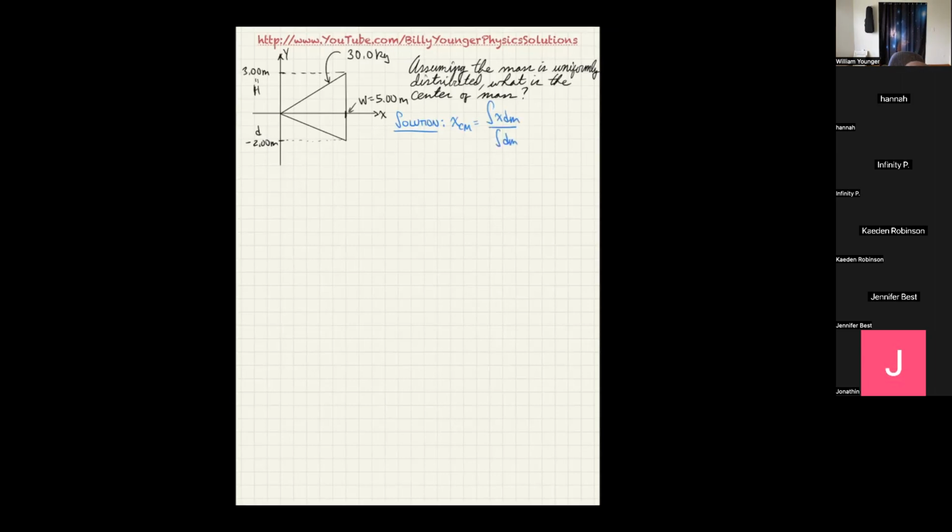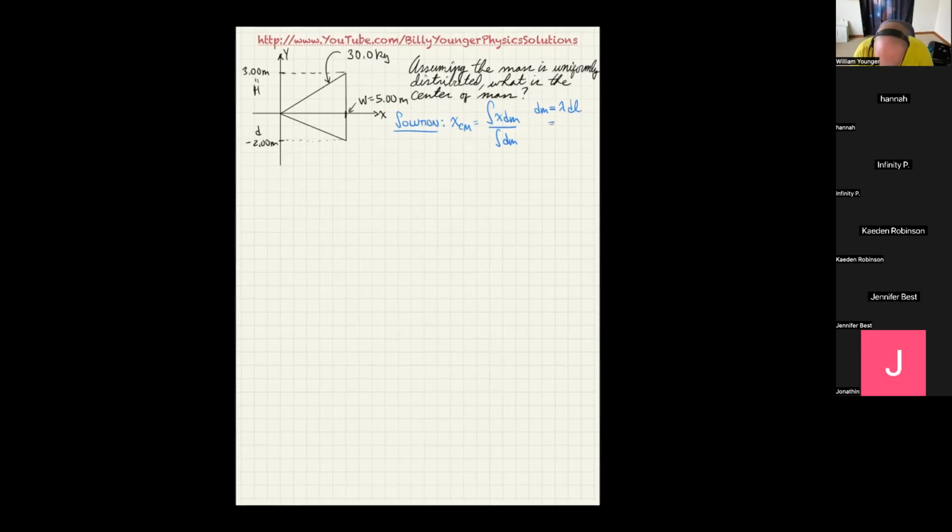And I want to remind everybody that dm can equal lambda times dl, where that lambda is called a linear density, or a mass per unit length, and dl is a differential length element. So that's for something like a bicycle spoke. Okay, if you wanted to try to find the center of mass of a bicycle spoke, it might be reasonable for you to use lambda times dl to specify the actual dm.